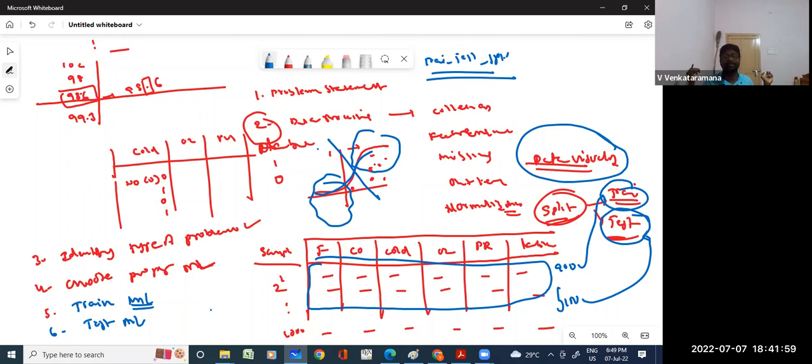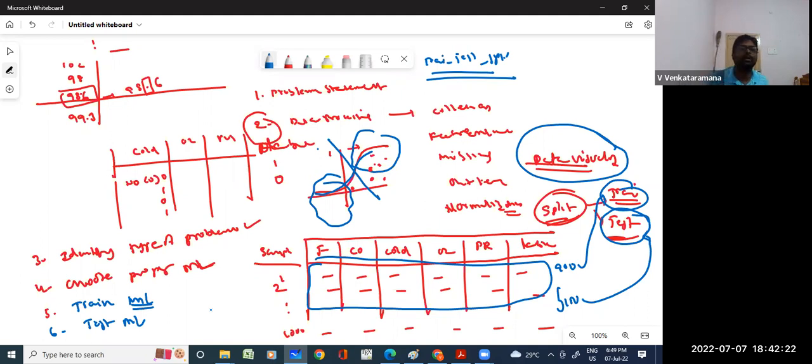Testing error is very high. Perfect fitting means the training error is low and at the same time the testing error is also low. There's not much difference between your training error and testing error. That is called perfect fitting. Make sure that your model fits very well and that your training error and testing error are as low as possible.